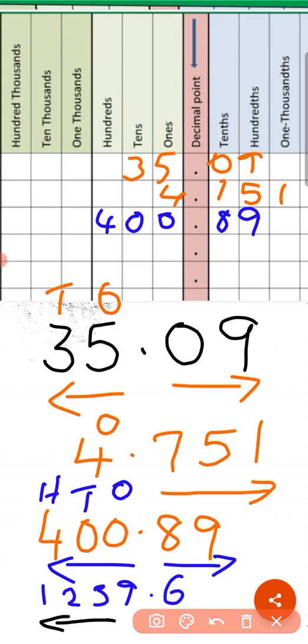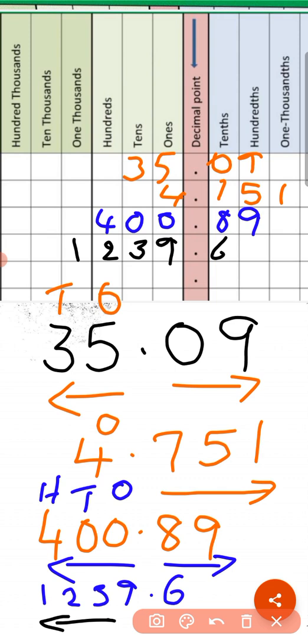So 9 ones, 3 tens, 2 hundreds and 1 thousands. It is over. Now look at the decimal part. Only one digit at the decimal part. Which is the place? Tenths. 6. Okay.